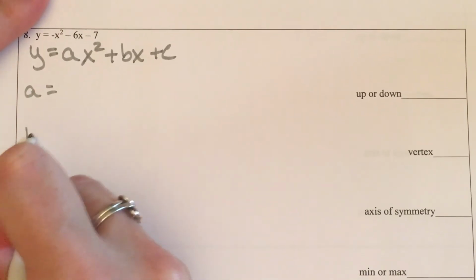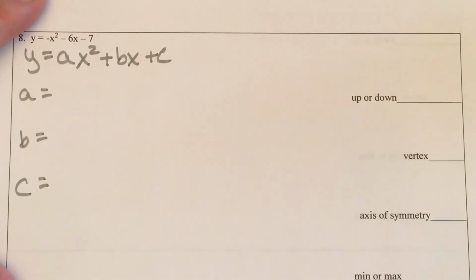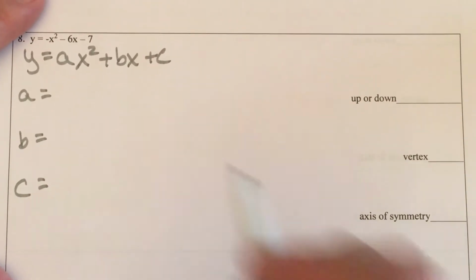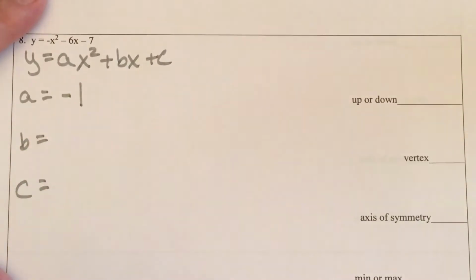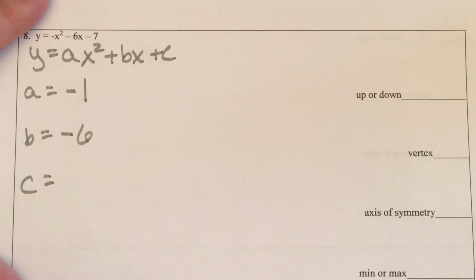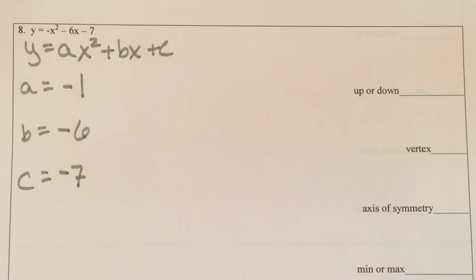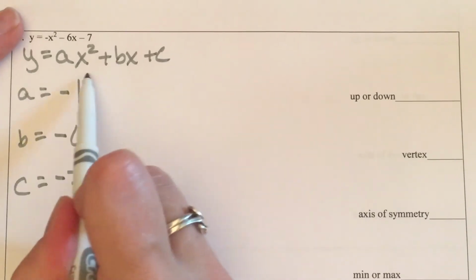So what is a, b, and c? This time a is -1. That's different. B is -6 and C is -7. Wow, they're all negative.